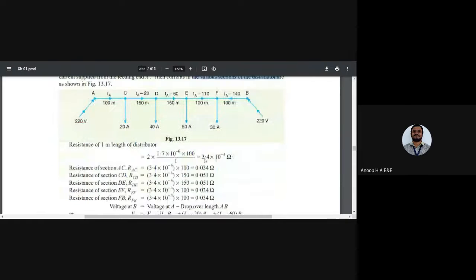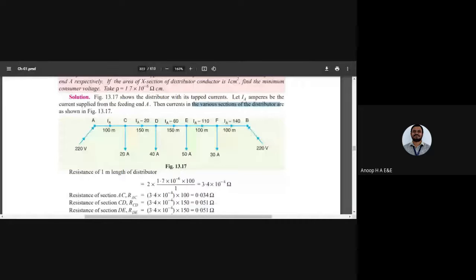Now let us take the resistance of 1 meter length of the distributor. What should I do to find the resistance? We have a simple equation, R equals rho L by A. If you want to express it in meter, you can. The area of cross section is 1 centimeter squared, and since there is the go and the return conductor, that is the reason I have multiplied it by 2.